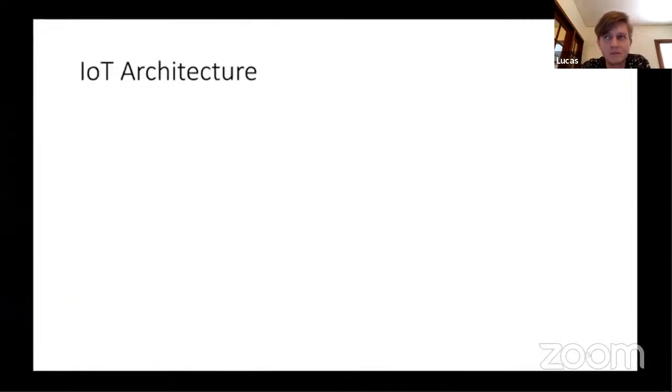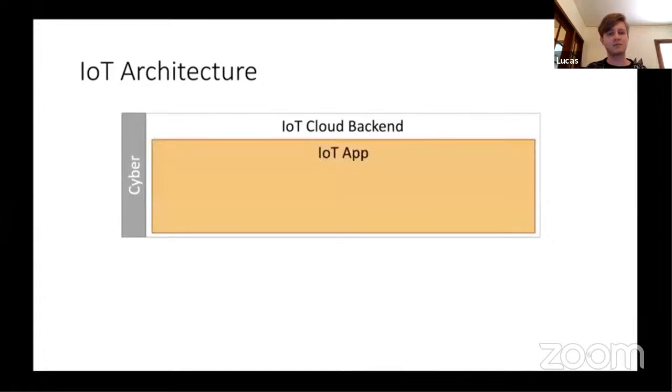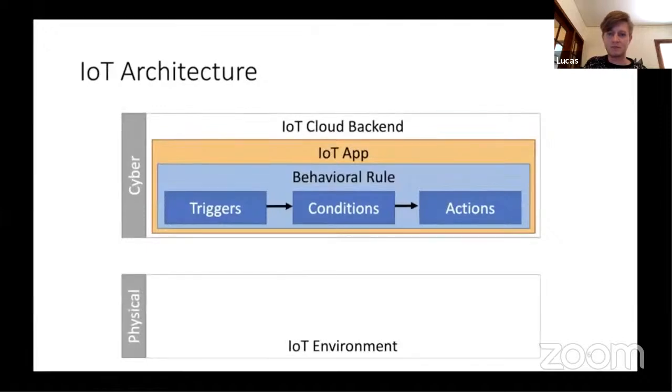To understand the interaction in this smart home environment, let me explain the architecture of IoT, where we have cyberspace that has several cloud providers. Each cloud provider provides IoT applications. Each IoT application consists of behavioral rules, and each rule is formalized as triggers, conditions, and actions.